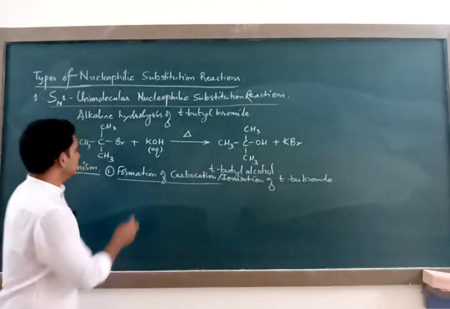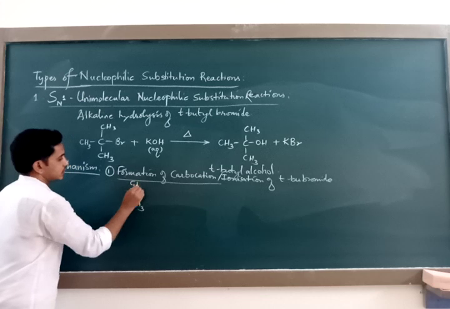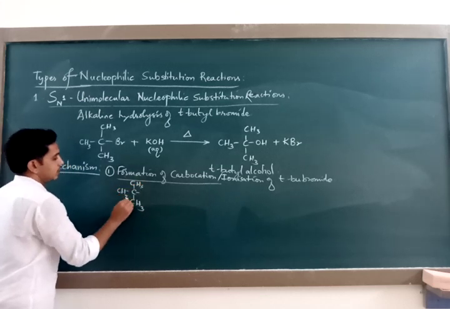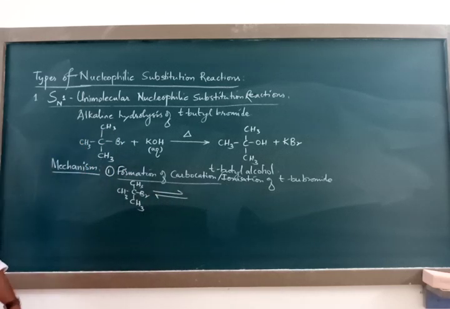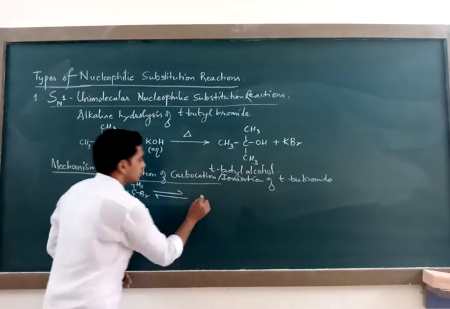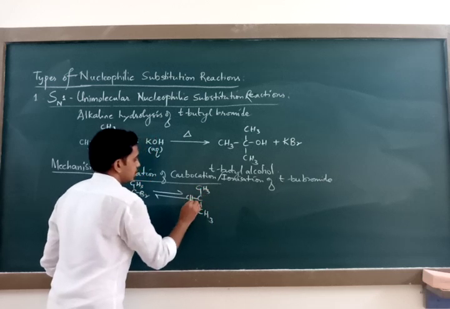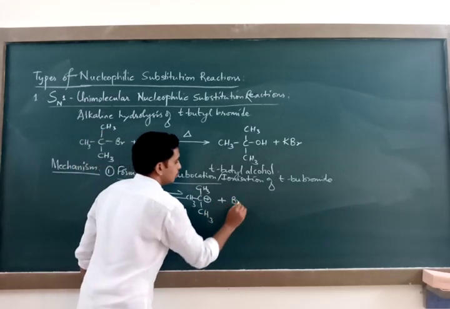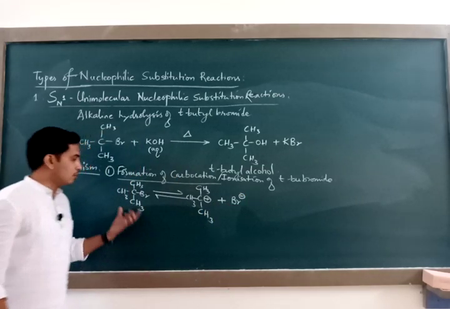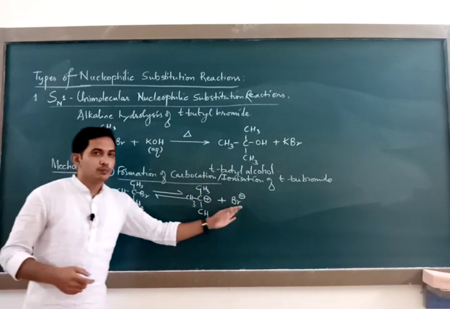In this step, this tertiary butyl bromide undergoes ionization. It undergoes ionization means it breaks to give you tertiary butyl carbocation and bromide ion. A molecule splits to give you tertiary butyl carbocation and bromide ion.